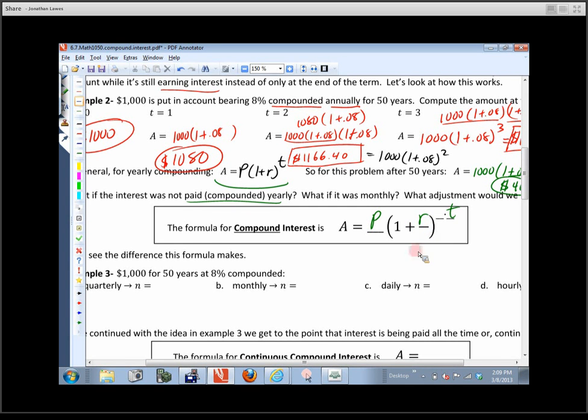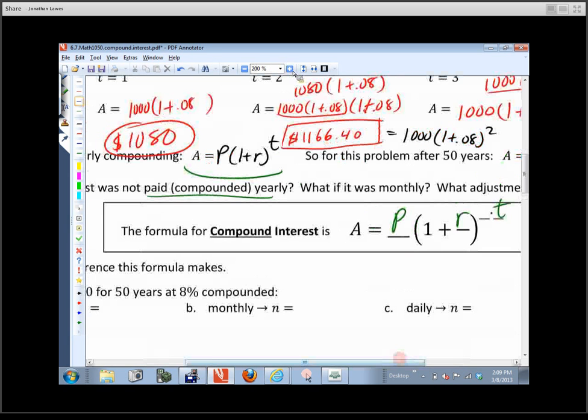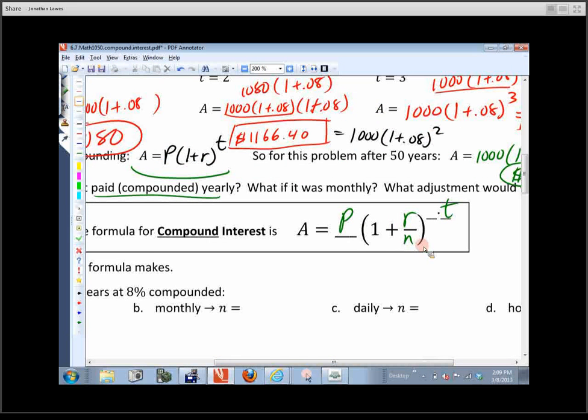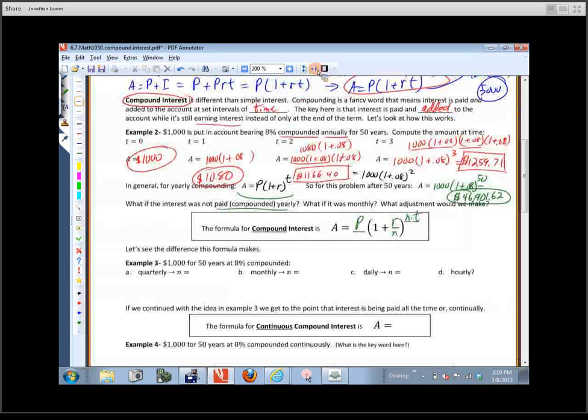Oops, sorry. Let me put an N right there. Okay. So we're going to put an N there. N is the number of times they're going to pay us interest. If they do it every month or every quarter, they're going to pay us more often. So we divide the interest rate, but guess what we get to do here? We get to multiply the time by that. So this is the compound interest formula.